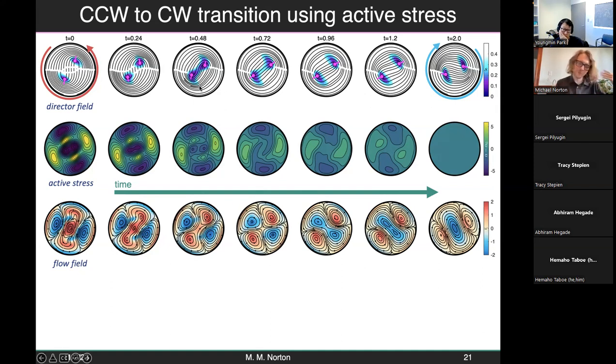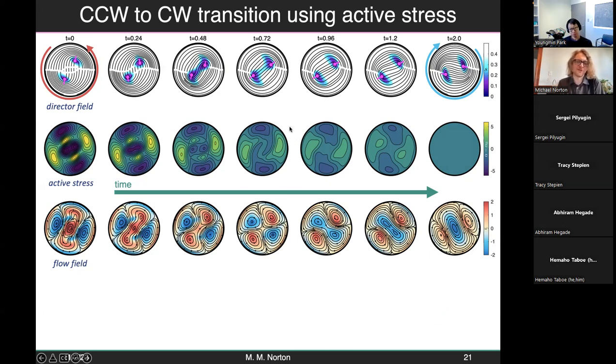The way to rationalize the control, I think, is to look at this tipping point between these two states. We have a nearly symmetric director field with respect to this axis between the two plus half defects.